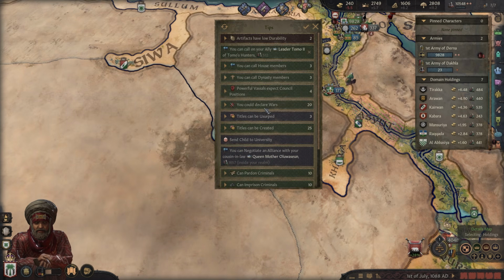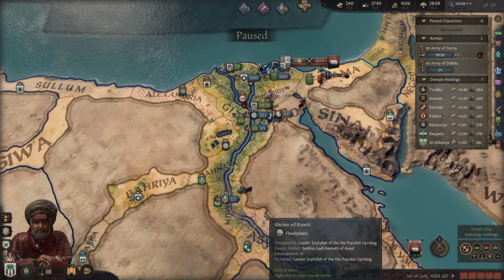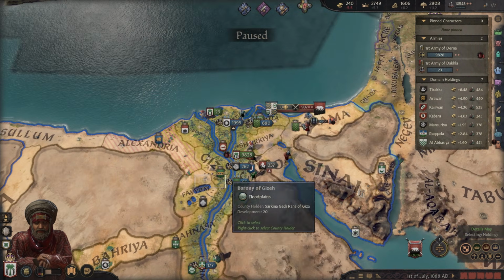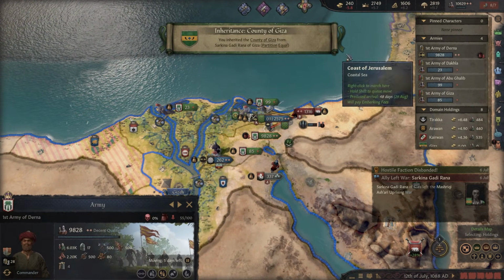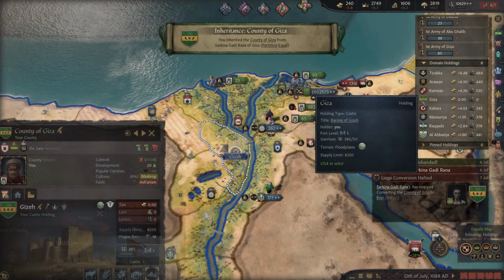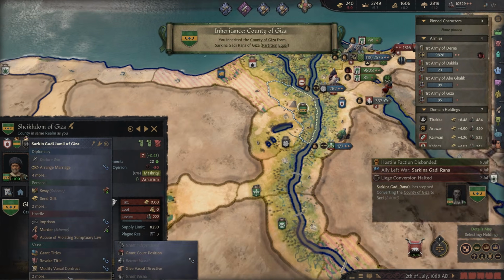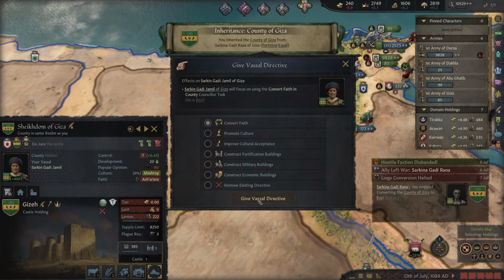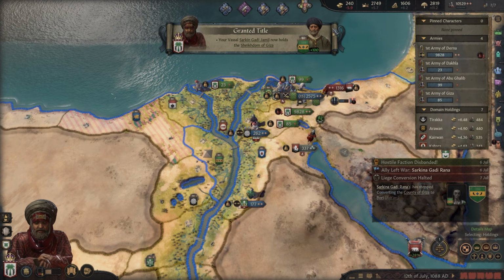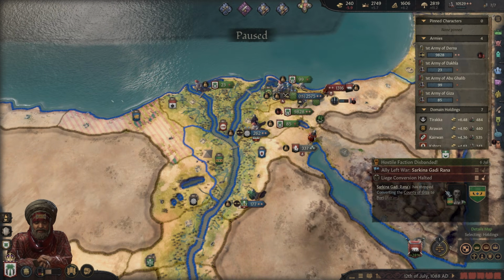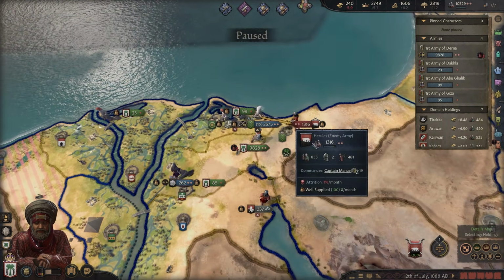I mean, I could. I'm just not going to. Right. Where are we? Here? Let's go. Inherited Giza. Okay, well, let's give that away. And then ask them to convert the faith. Right. That's fine. Let's go.